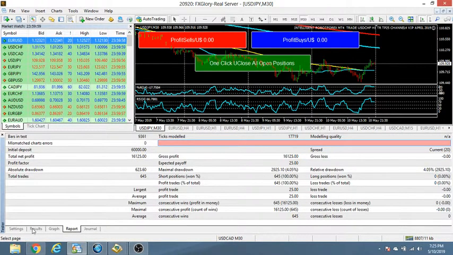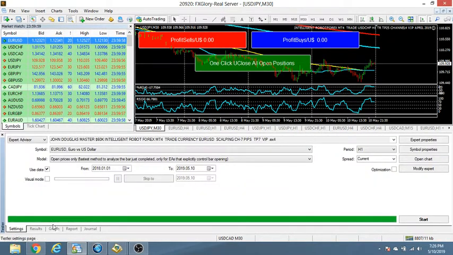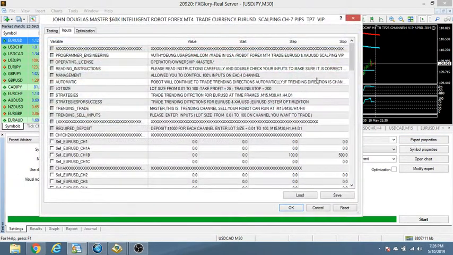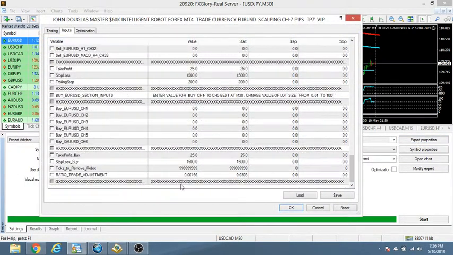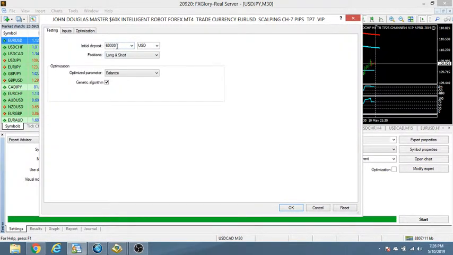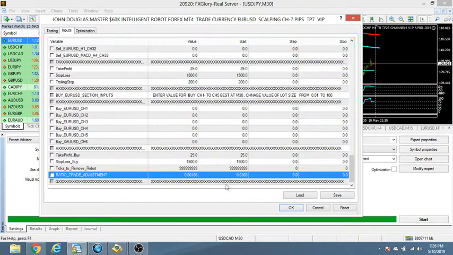Now let's say you want to start at 0.3. You take 300 divided by this number, 60,000, and then you enter the fraction here, 0.005.